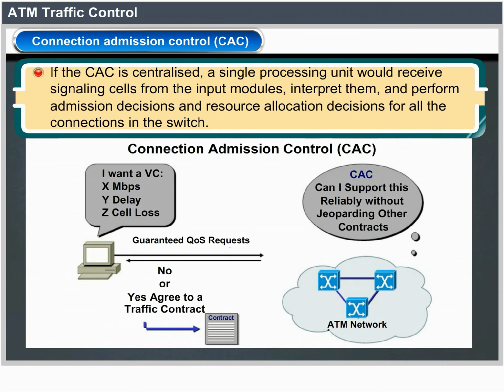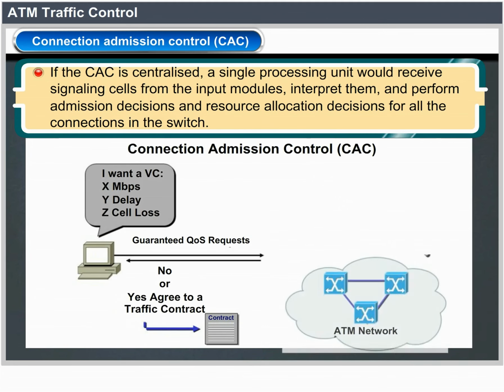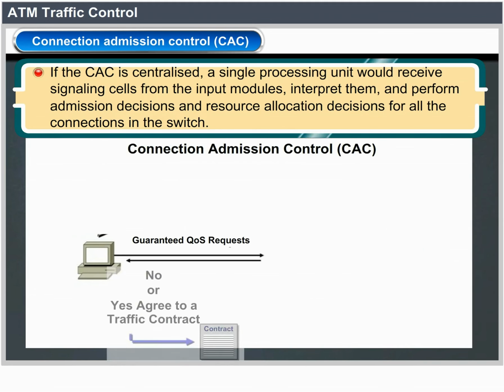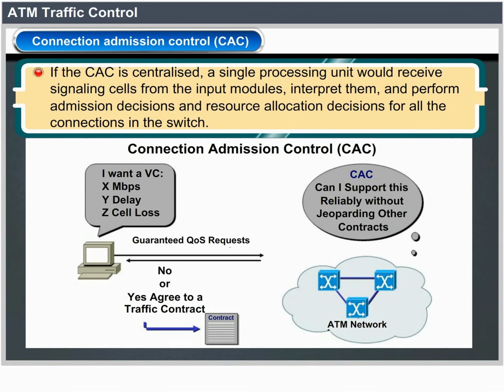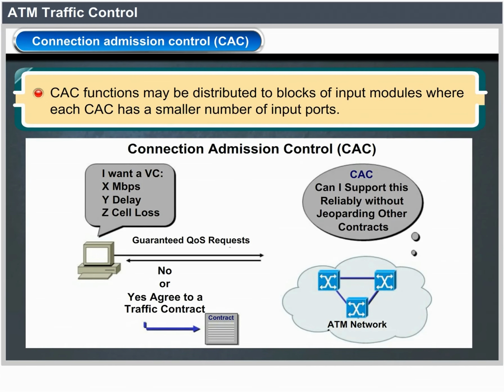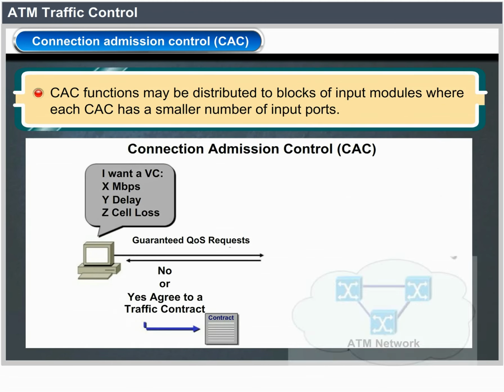If the CAC is centralized, a single processing unit would receive signaling cells from the input modules, interpret them and perform admission decisions and resource allocation decisions for all the connections in the switch. CAC functions may be distributed to blocks of input modules, where each CAC has a smaller number of input ports.